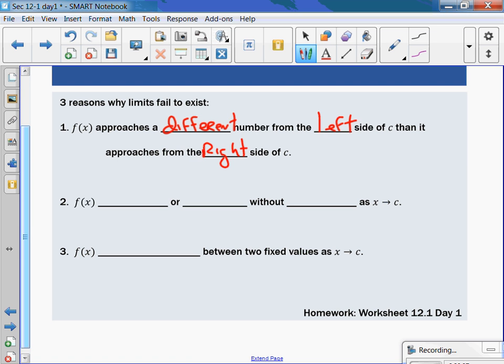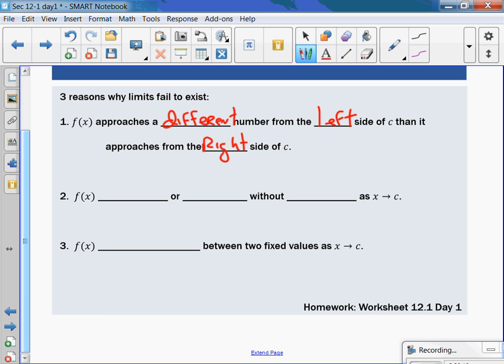Also, when we had that 1 over x squared, when my function increases or decreases without bounds as x approaches c. So in other words, if it's approaching infinity or negative infinity, there is no number.